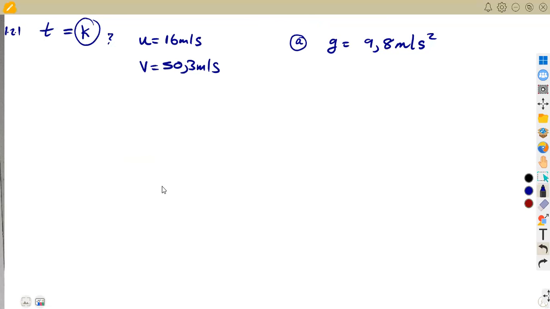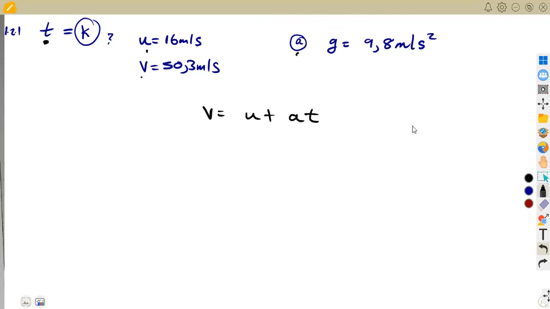All right. So this part, we are going to apply our formulas from linear motion. Remember, we've got formulas that we can apply, but consider the formulas where there is u, there is v, and there is a, and we are supposed to calculate t. So if we check from our formula sheet, we've got v is equal to u plus at.